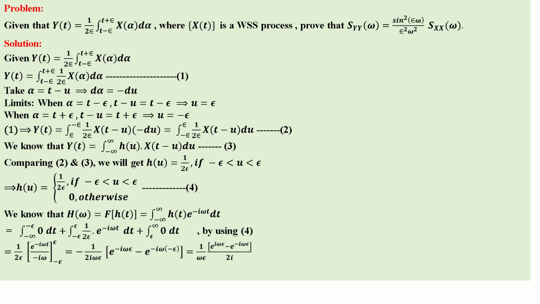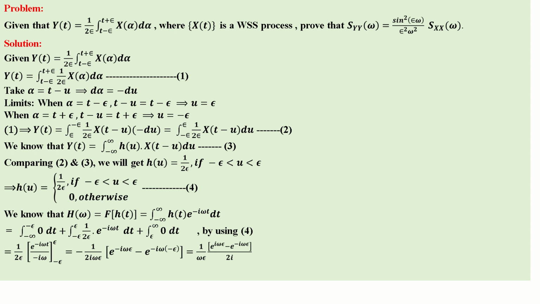Taking the minus outside, minus into minus gives plus, so 1/(ωε) [e^(iωε) − e^(−iωε)]/(2i).